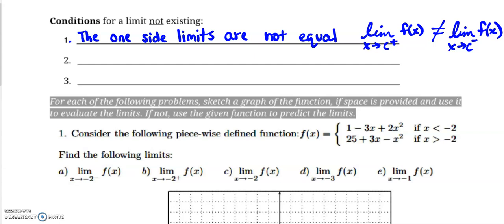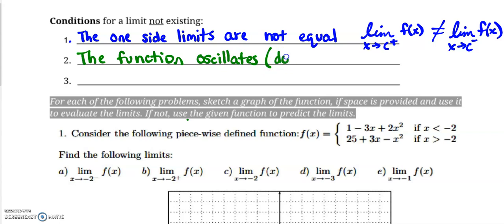Option number 2. What is another situation in which you won't have a limit? Well, if the function doesn't approach a particular value, it would typically be what we call oscillates.